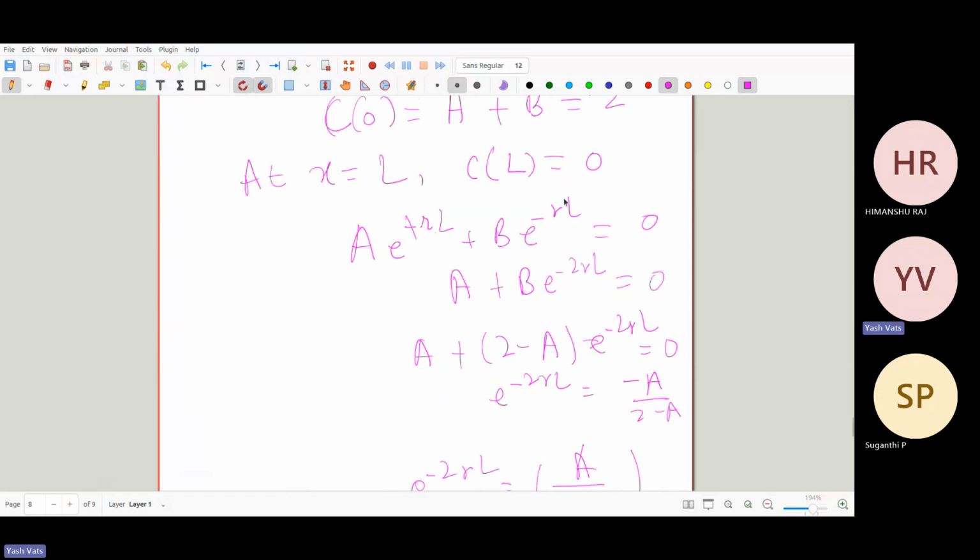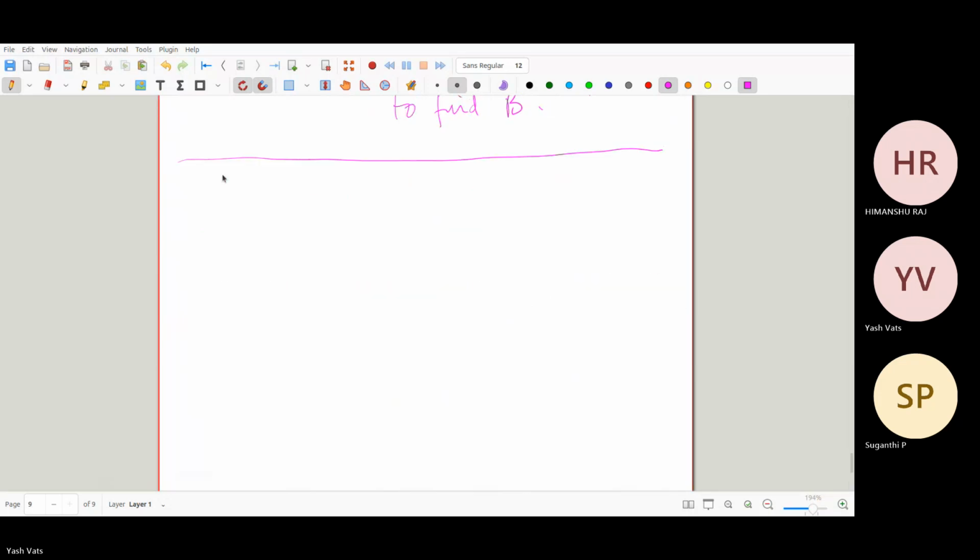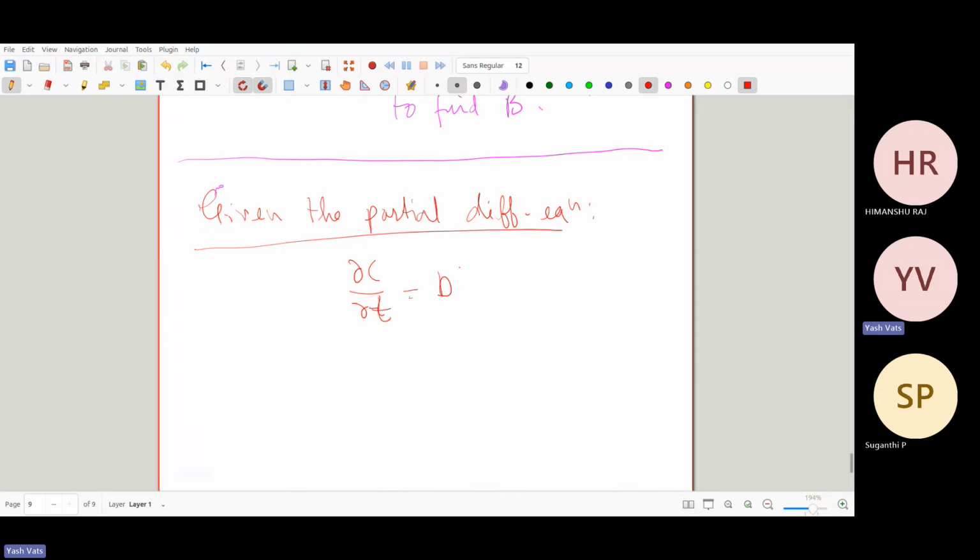Yeah, so one thing I want to mention is how to non-dimensionalize, how to redimensionalize. So if you have a given partial differential equation: del C over del T equals D times del 2C by del X squared, where C is C(X, T).